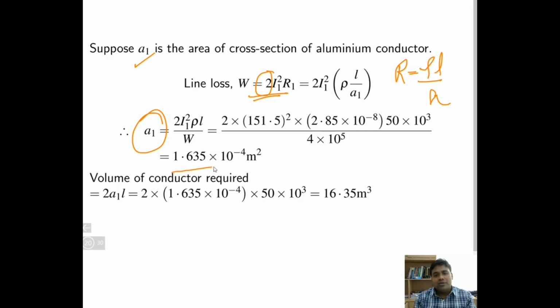That comes to be 1.635 into 10 to the power minus 4 after proper substitution. Then the volume of the conductor material is area into length. As you have two conductors, multiplying 2 times area into length, you get 16.35 meter cube.